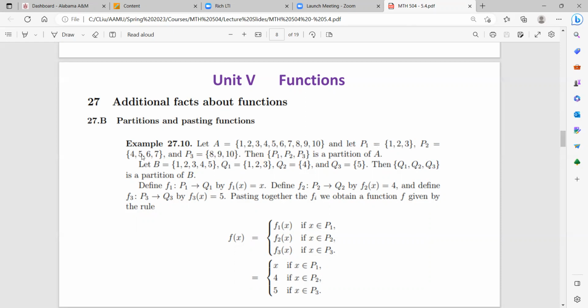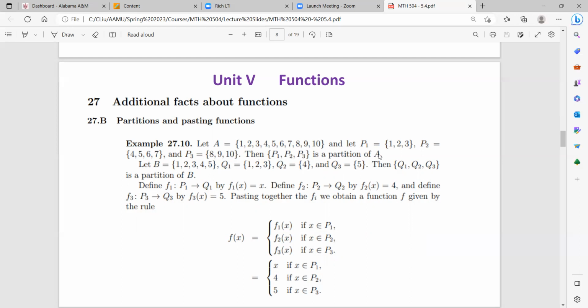P2 has 4 numbers, 4, 5, 6, 7, and P3 has 3 numbers, 8, 9, 10. Each of them is non-empty, their union is equal to A, and P1, P2, P3 are pairwise disjoint. So this set of P1, P2, P3 is a partition of set A.